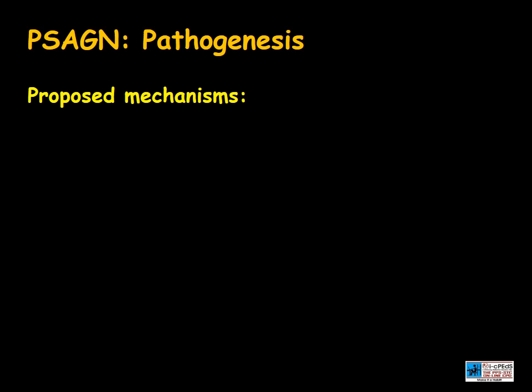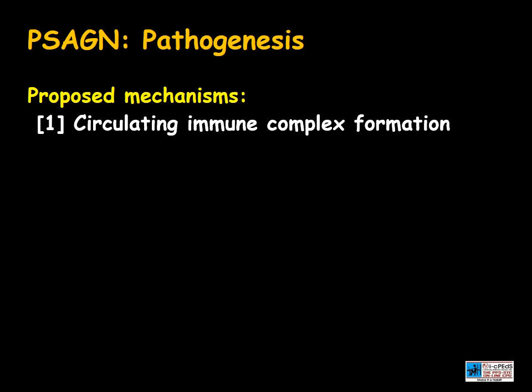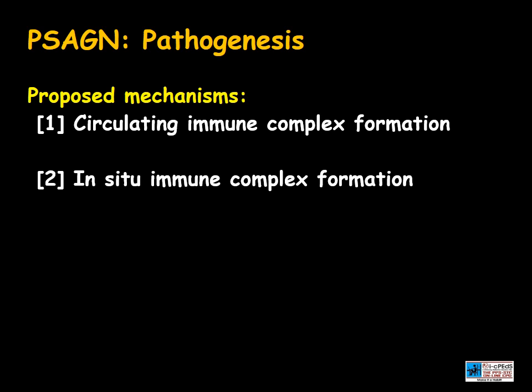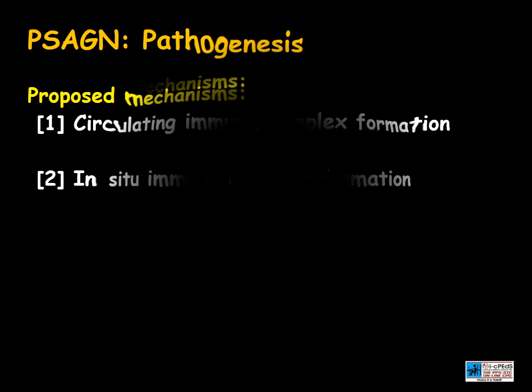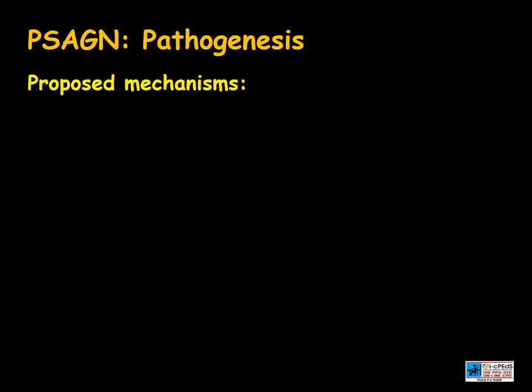There are also several mechanisms regarding the immunologic nature of the disease. The proposed mechanisms are: 1. The presence of circulating immune complex formation. 2. In situ immune complex formation. 3.